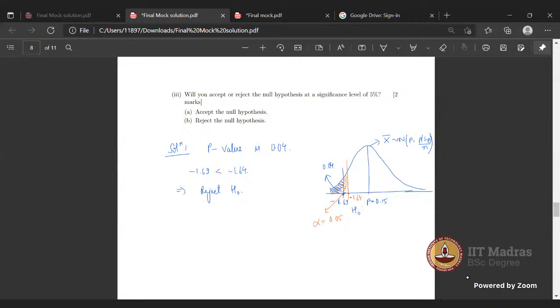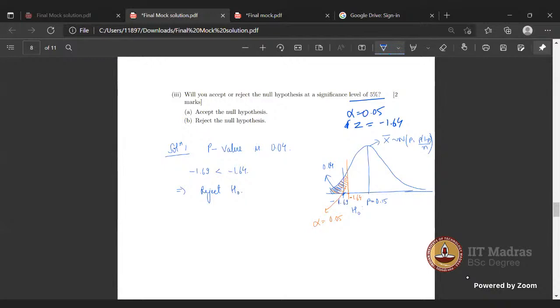Now, the level of significance at which you have to check is 5%. So 5% means alpha should be equal to 0.05, and this alpha we get at z equals minus 1.64.